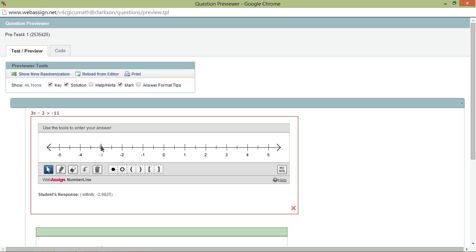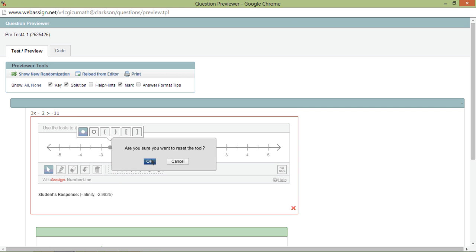Now, what I've done is I've answered the question. I want to shade everything negative 3, exclusive of negative 3, and greater. And right now I'm just working with this selection tool right here. And so I'm going to pick negative 3, right? So let's suppose you have a little trouble with it, and you click somewhere and you didn't mean to click there. You wanted negative 3 and you clicked at negative 2.5, right? Well, you can just hit the trash button and it'll get rid of it. It asks you if you want to get rid of it.